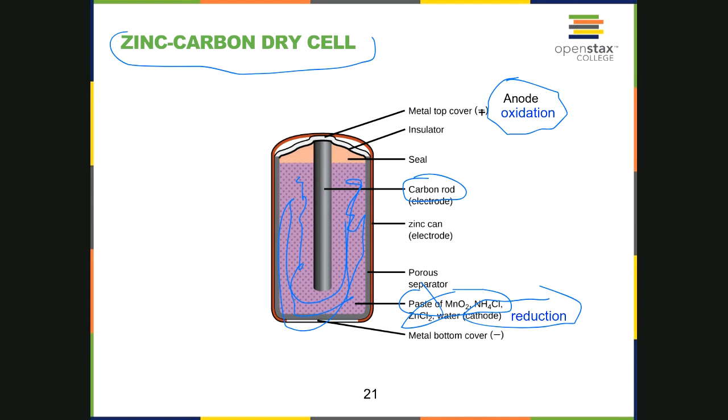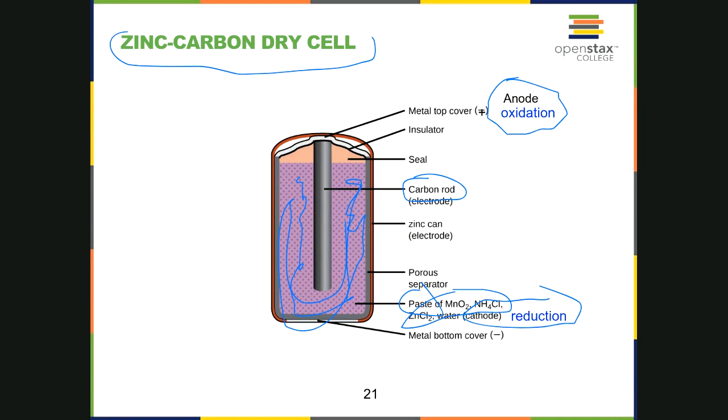So that was one application of electrochemistry. The dry cells were important because everything we were doing up to now, you have to have a liquid in there. That is not great for physical packaging because you can have leaks.